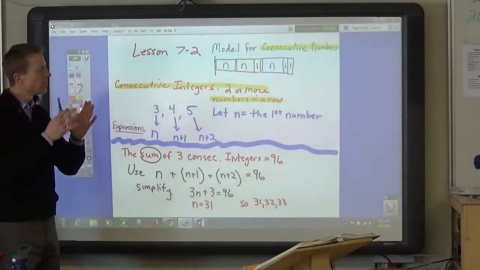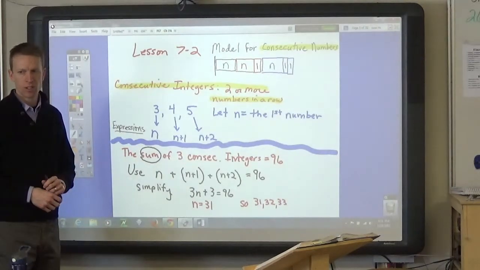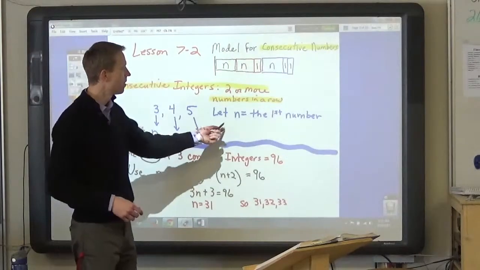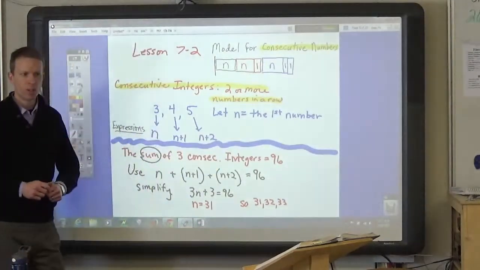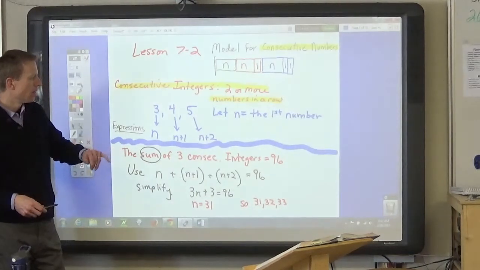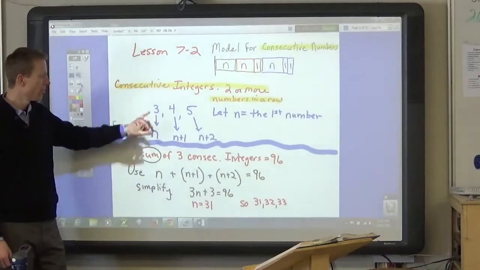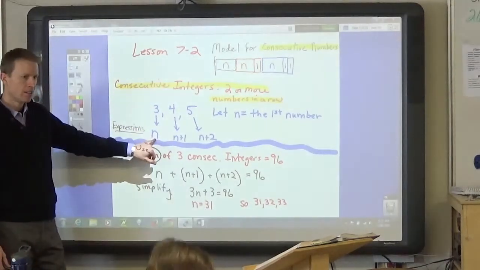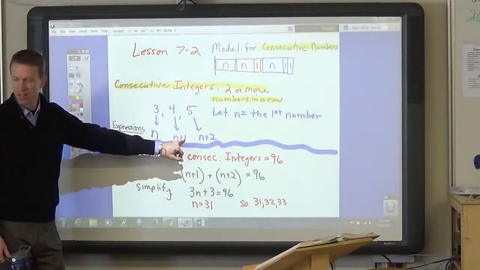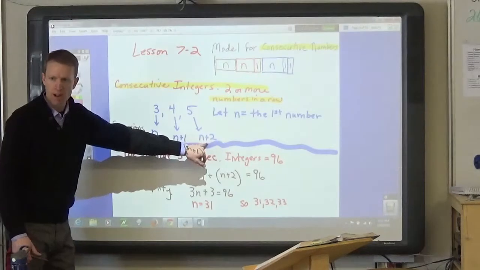In other words, consecutive whole numbers that add up to a certain number. It says, let n be the first number in a series of numbers. If they're consecutive, they're right next to each other, then n plus 1 is the next number, isn't it? And n plus 2 is the number after that.